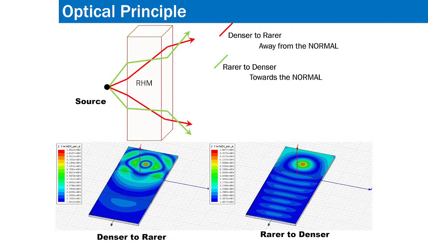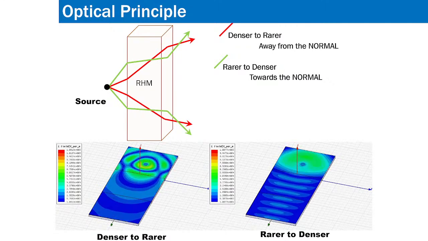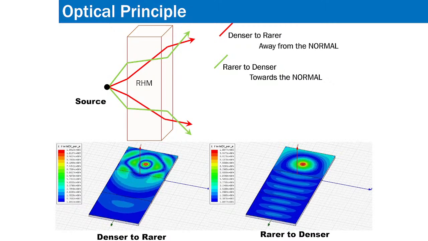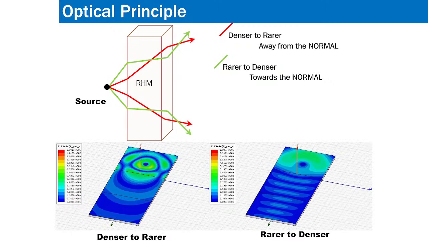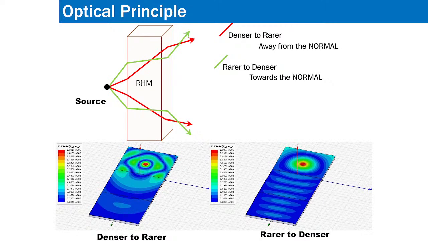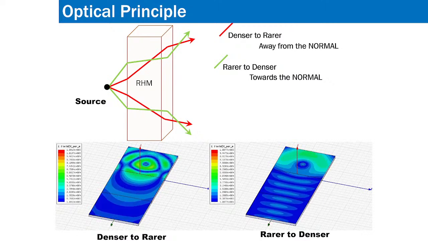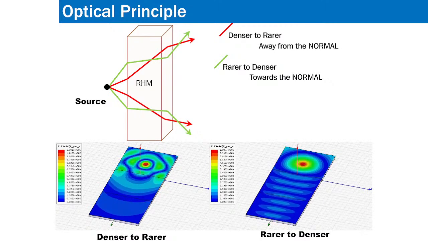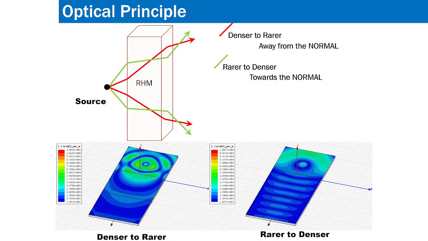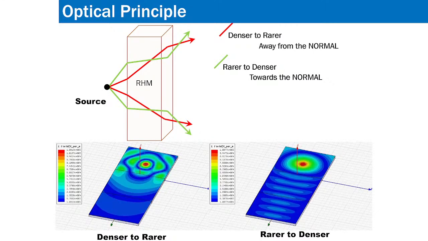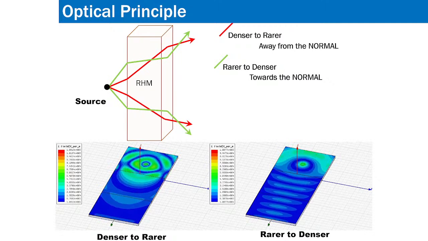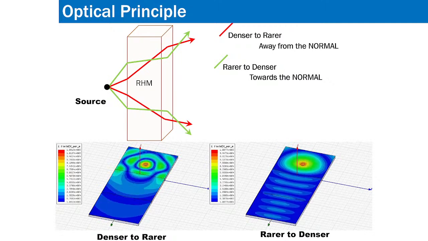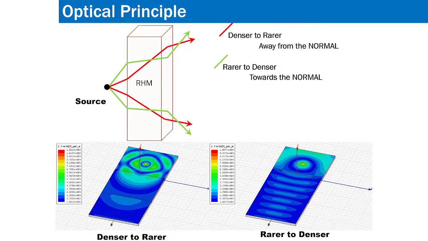When the wave propagates from the rarer medium to the denser medium, then in the denser medium the ray will bend towards the normal, which is shown by the green. So the green part shows what happens when the propagation is from rarer medium to denser medium.